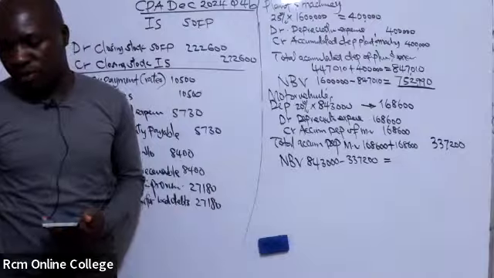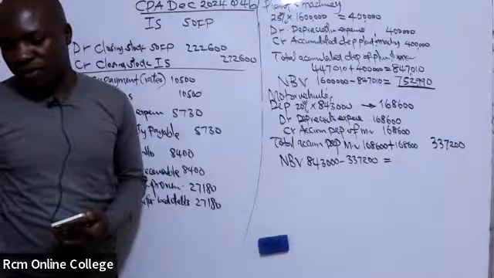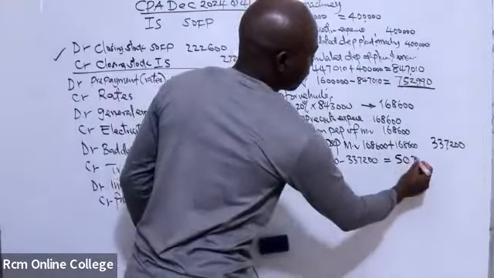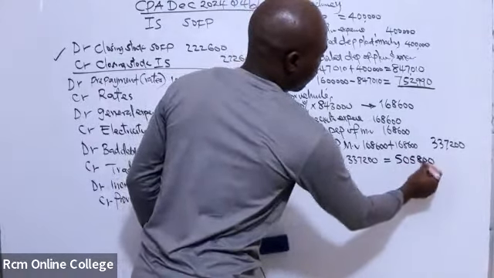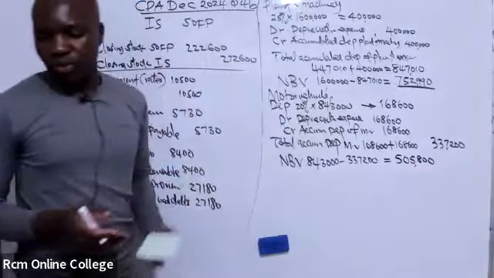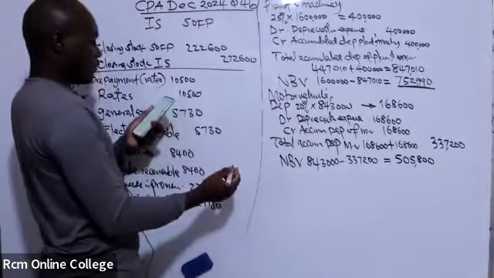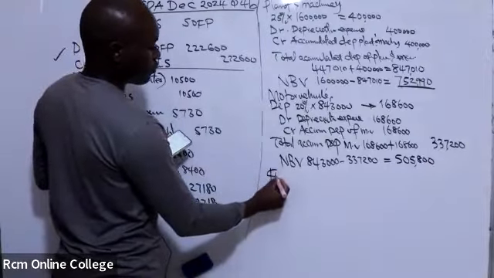How much is it? 505,800. Perfect. We can finalize that part of depreciation with furniture and fittings.